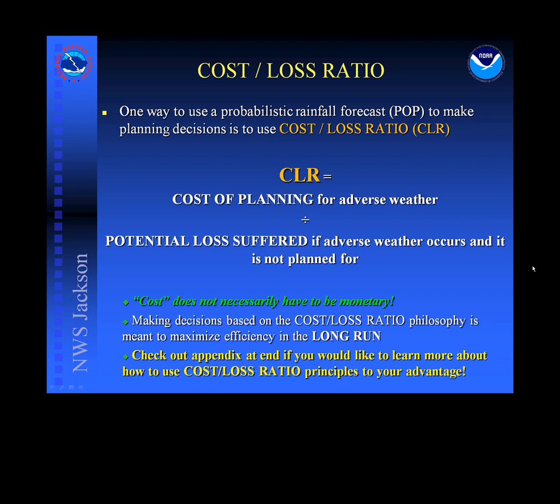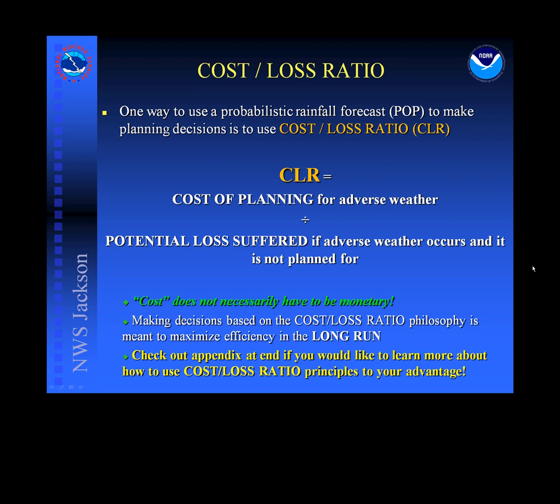One way to use probabilistic rainfall forecasts is to make planning decisions using a cost-to-loss ratio. The cost-to-loss ratio, CLR, mathematically equals the cost of planning for adverse weather divided by the potential loss suffered if adverse weather occurs and it is not planned for.